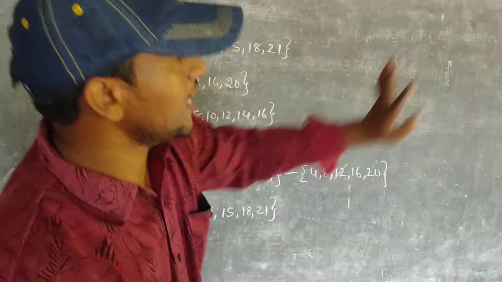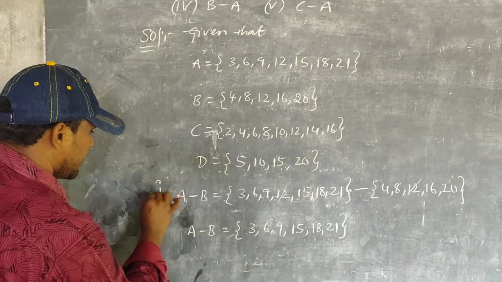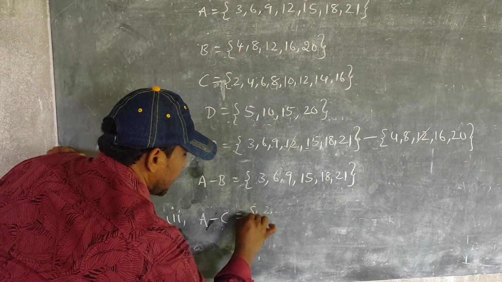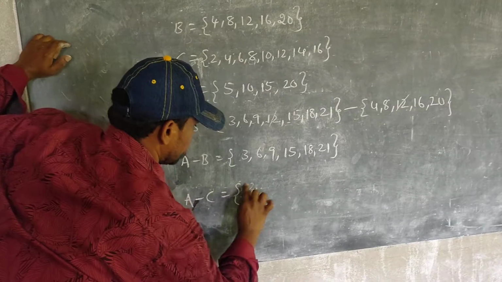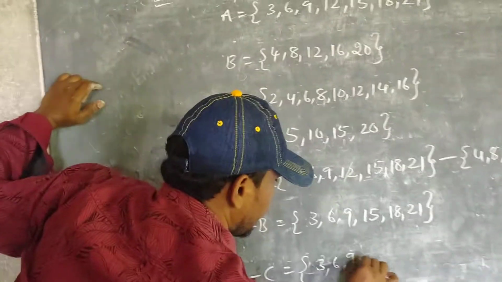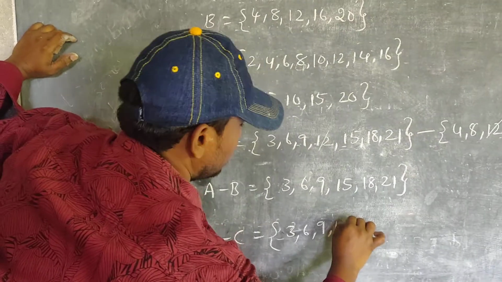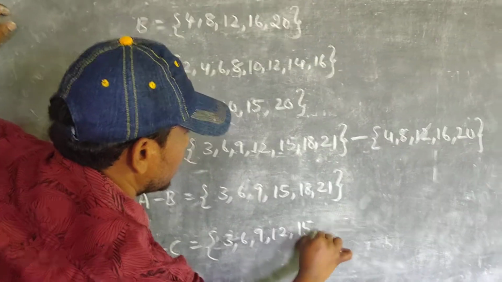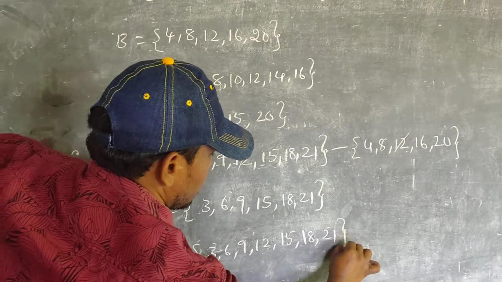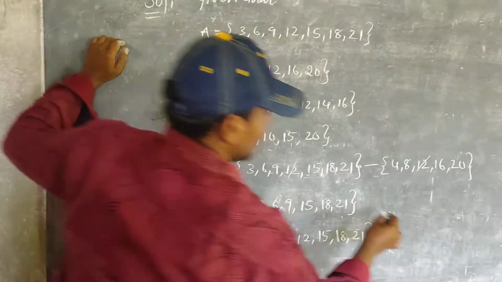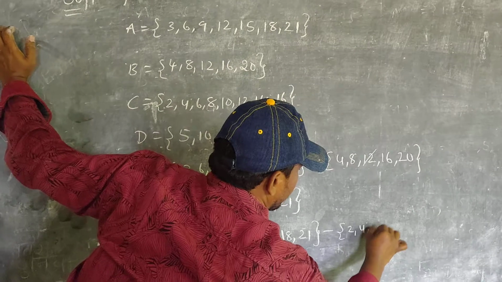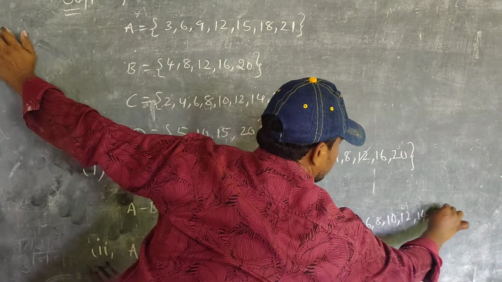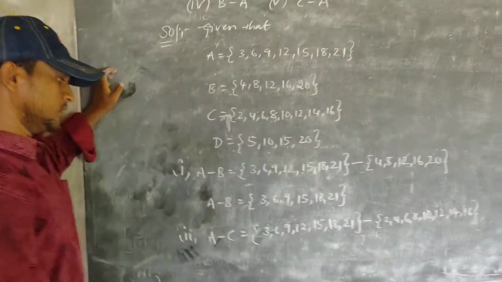First one is A minus B. Second one is A minus C. Find out A minus C. Set A is 3, 6, 9, 12, 15, 18, 21, and set C is 2, 4, 6, 8, 10, 12, 14, 16. Here the common elements are 6 and 12.